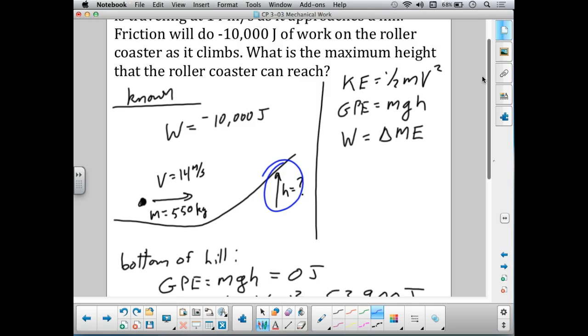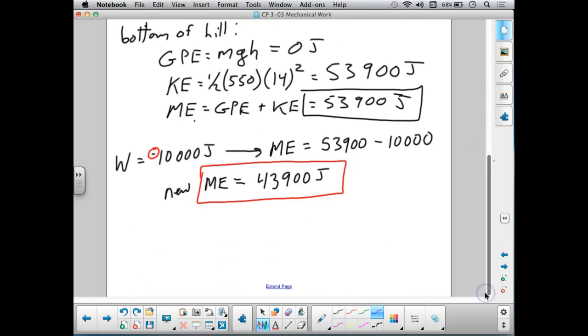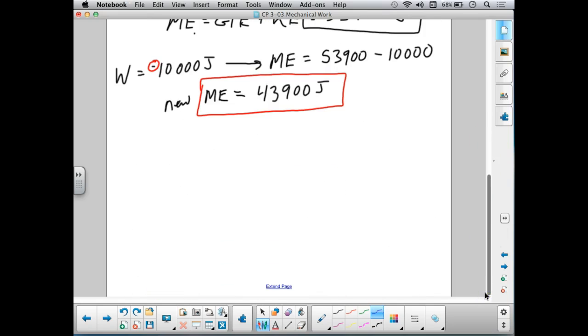Well, I would reach the maximum height if I'm spending all of my available energy on GPE. So I'm going to make that note to myself: max height if all ME is in GPE, the energy associated with height, gravitational potential energy.